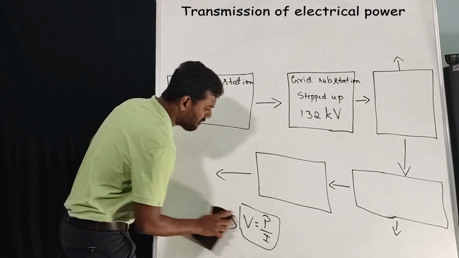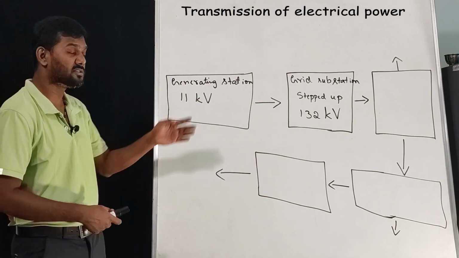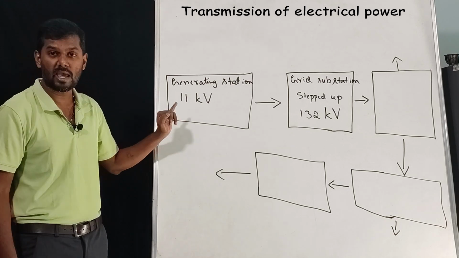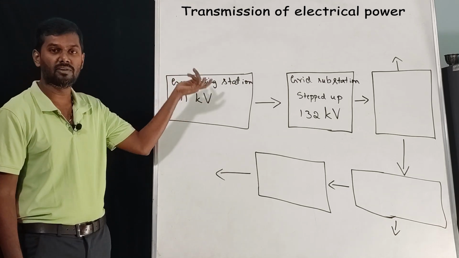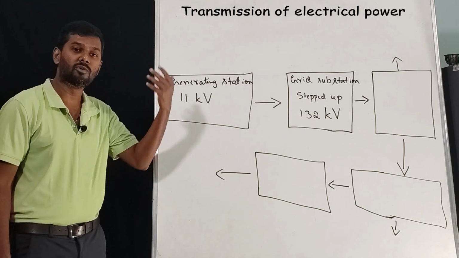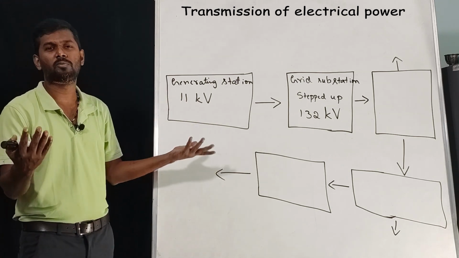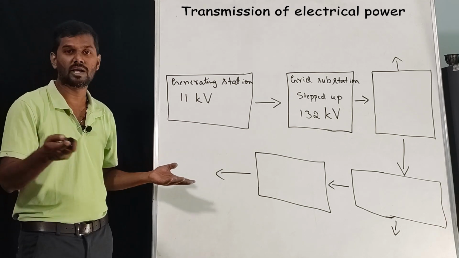In the exam, we have to be prepared for everything, not only for the questions which are there in the textbook. They have asked why not more than 11 kV. They never asked why not less than 11 kV. But if we are prepared for that, in the board exam, if they ask the same question, we can answer. We cannot predict any question which they are going to ask in the board exam.